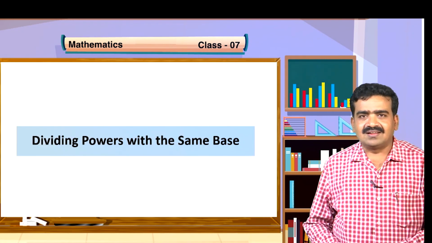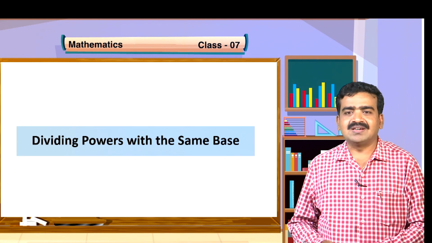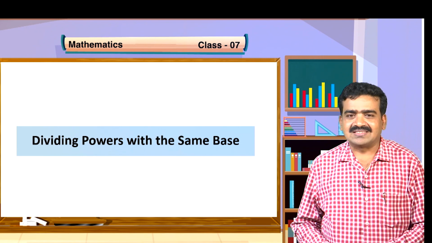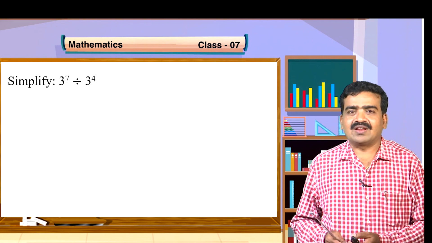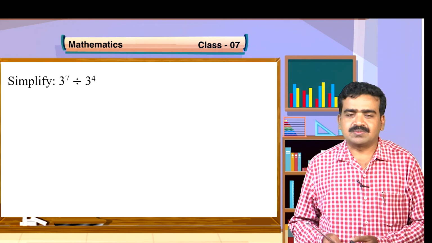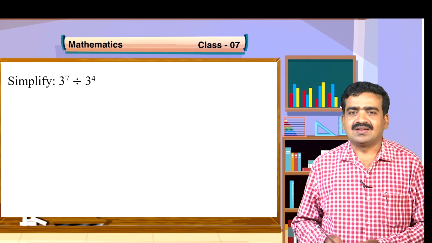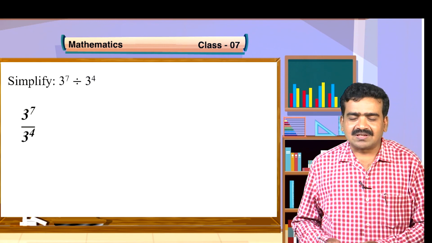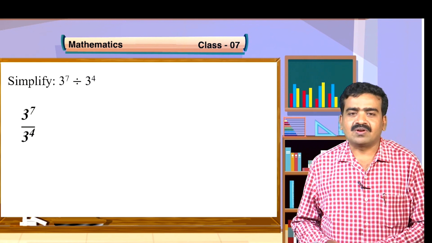Now, let us learn dividing powers with the same base. When we divide 2 exponents having the same base, what will we get? Let us test. 3 to the power of 7 divided by 3 to the power of 4.